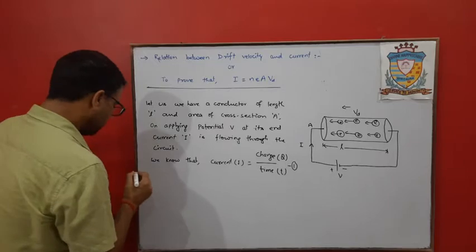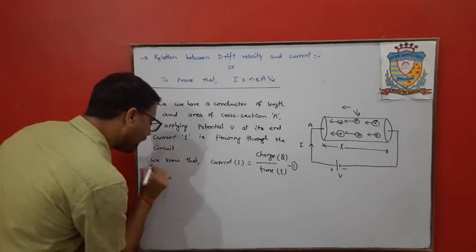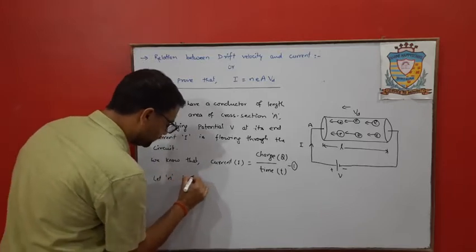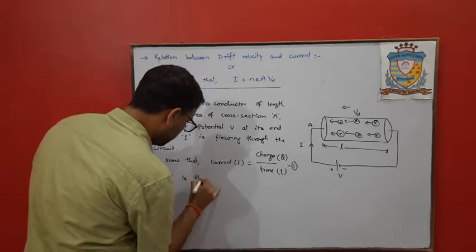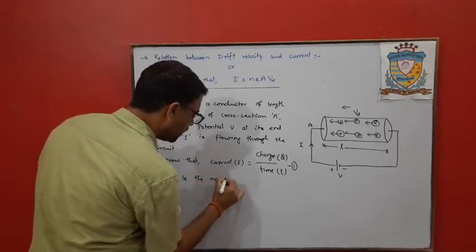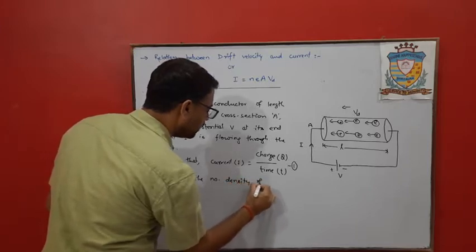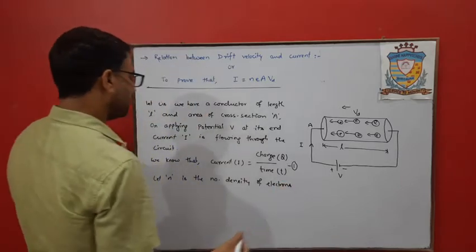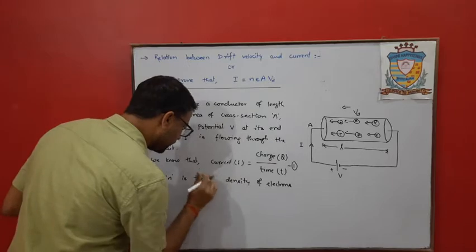Okay. Now let small n be the number density of electrons. Now the question is, what do you mean by number density?